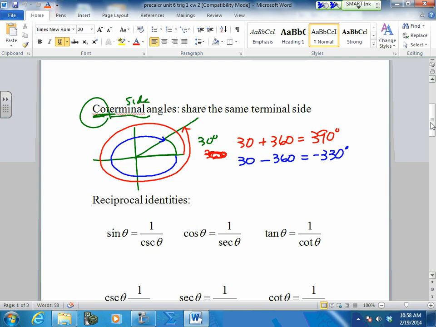Because doesn't it have to meet full circle? Doesn't it have to come to 360? I made a complete circle with it. I took its positive, I took its negative, and I made a complete 360 with it. 360 minus 30 is 330, but I came from the negative side. So if you take your angle plus or minus 360, there's your rule to find a coterminal angle.